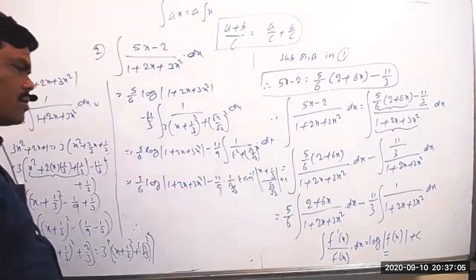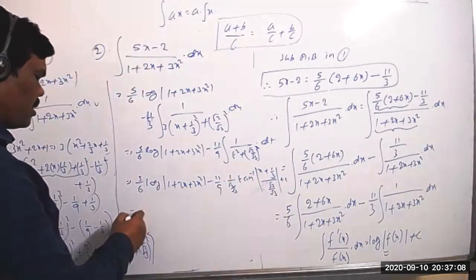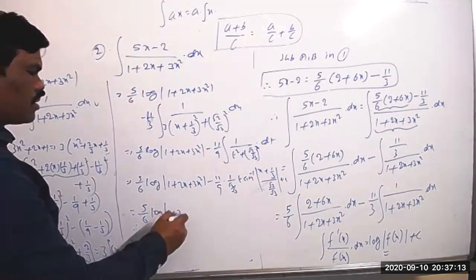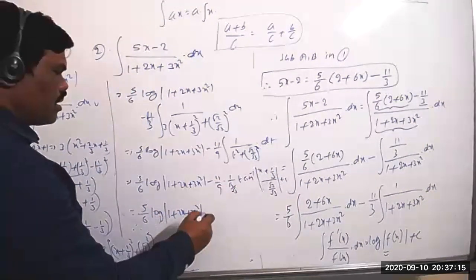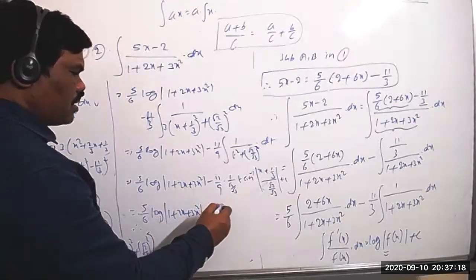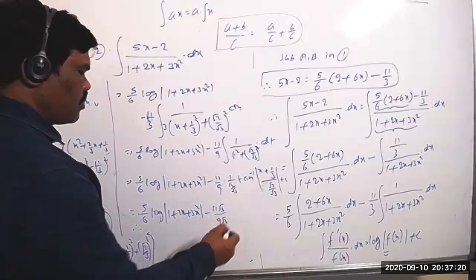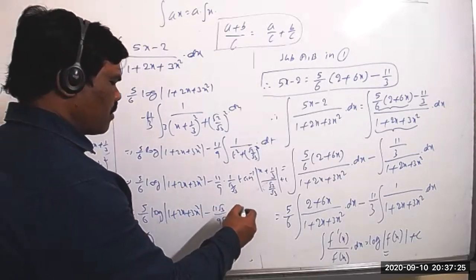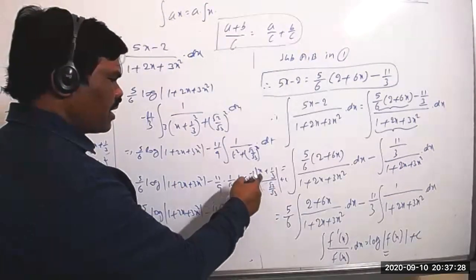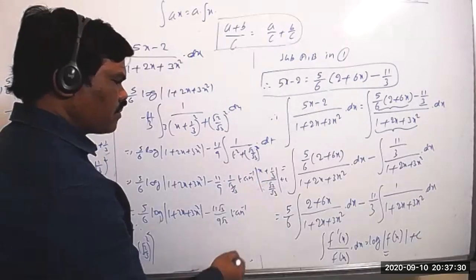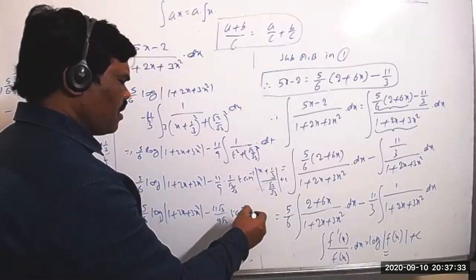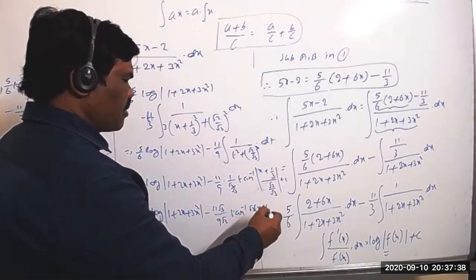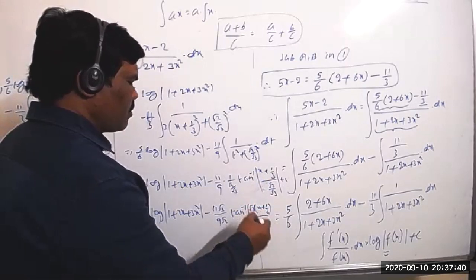Now take reciprocals. So 5 by 6 into log modulus of 1 plus 2x plus 3x square, minus 11 root 3 by 9 root 2 into the tan inverse of, we take a reciprocal, then what we are getting is root 3 into (x plus 1 by 3) whole by root 2, plus c.